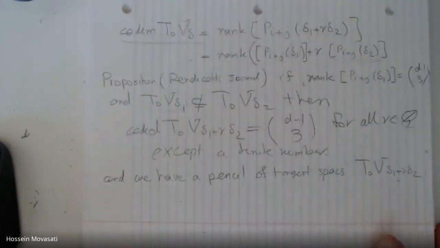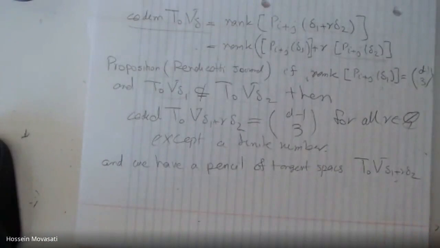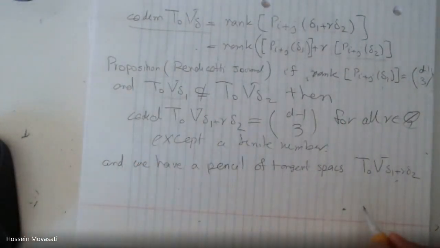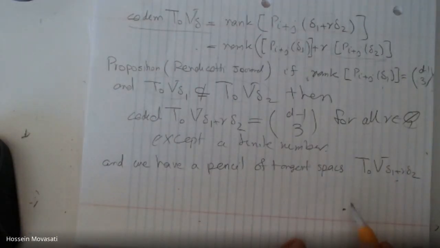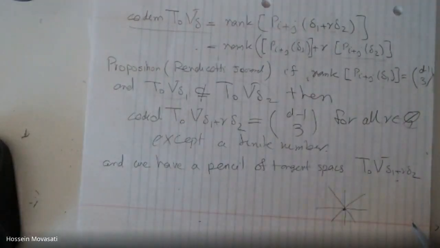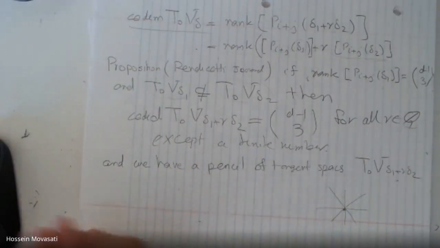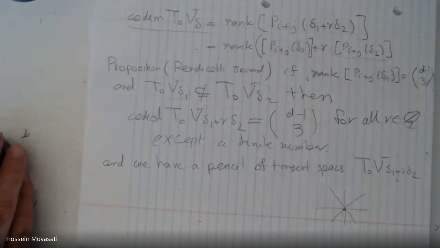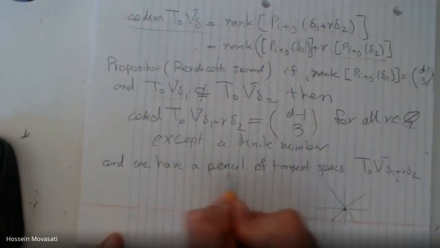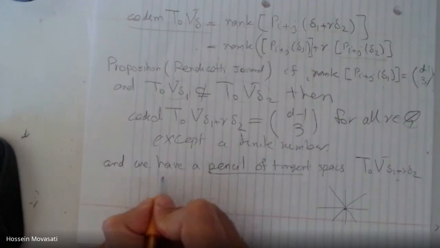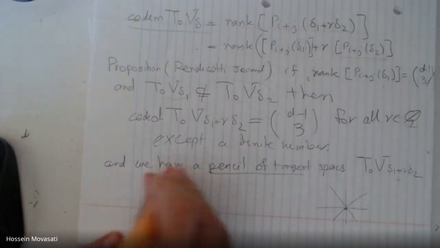So what we want to do is produce tangent spaces which are different from each other. When I am saying pencil, in this case it means that for the moment all these tangent spaces are different.